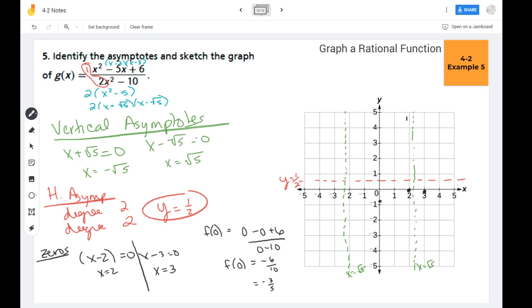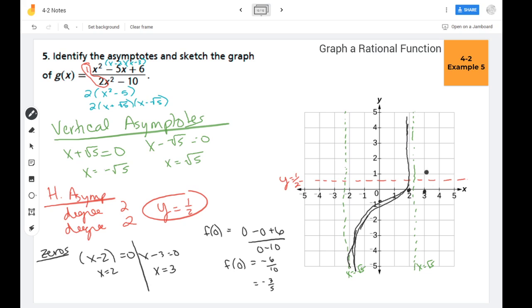And so what's happening is this graph is going like this. And you could check at -2 as well. You'll probably get a very big negative number that makes this almost cubic shape to it.